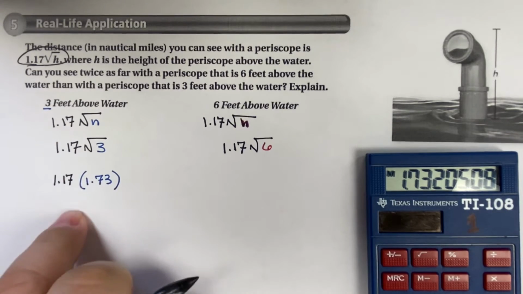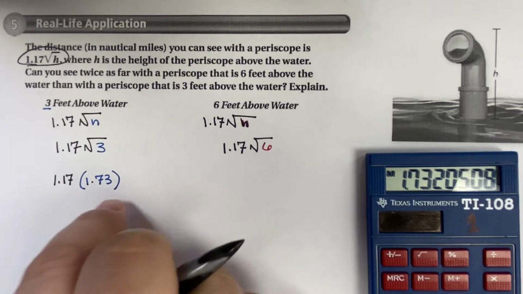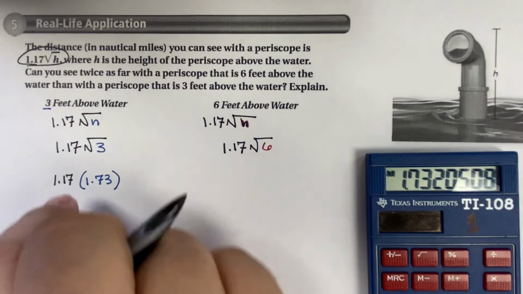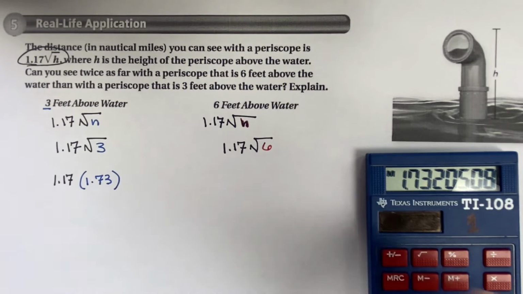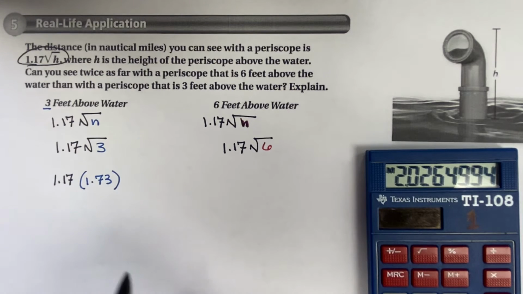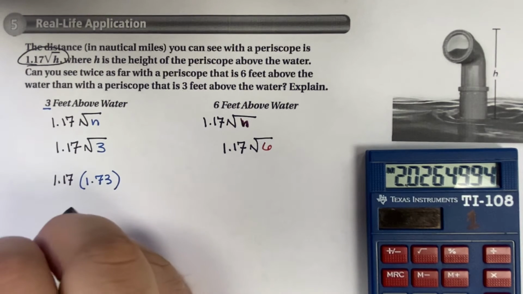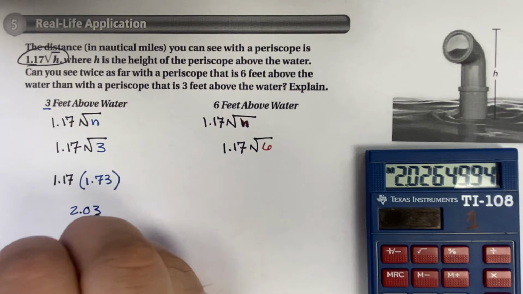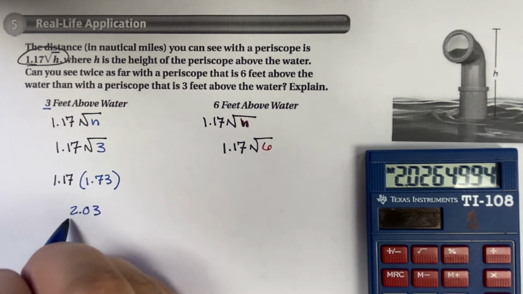So now my equation is 1.17 times 1.73. To be accurate, this is what I wrote, but I'm actually going to keep the full number and say times 1.17 equals. Now, the final answer that I get is 2.03. So that's how far I can see.